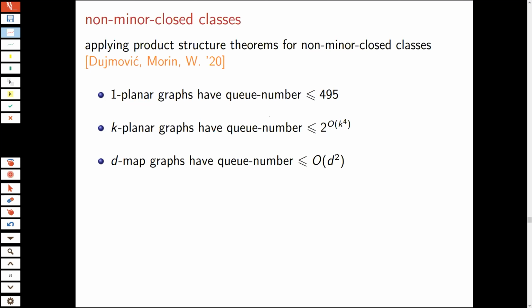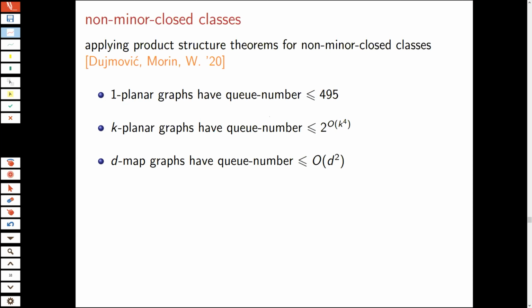There's other examples, d-map graphs. d-map graphs are like a generalization of planar graphs, where instead you say two vertices are adjacent in the map graph if the corresponding faces share a vertex of degree at most d. And the case d equals 3 is exactly planar graphs. But for any d, we get an upper bound, and it's only big O of d squared.